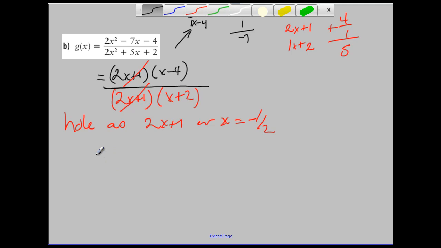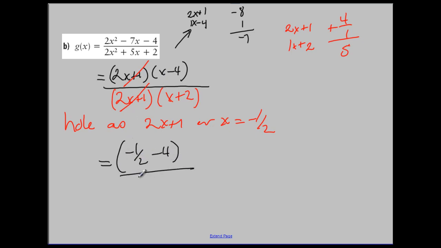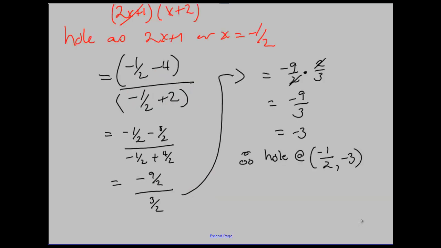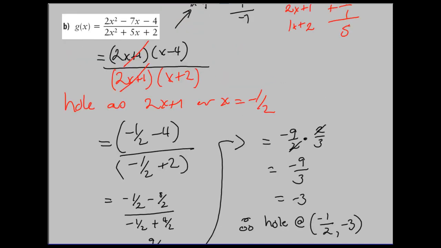When we substitute it back in, we end up with, wherever there was an x, a -1/2, and wherever there's an x on the bottom, a -1/2. And we just simplify. And as we simplify this, we end up seeing that a hole exists at -1/2 and -3.